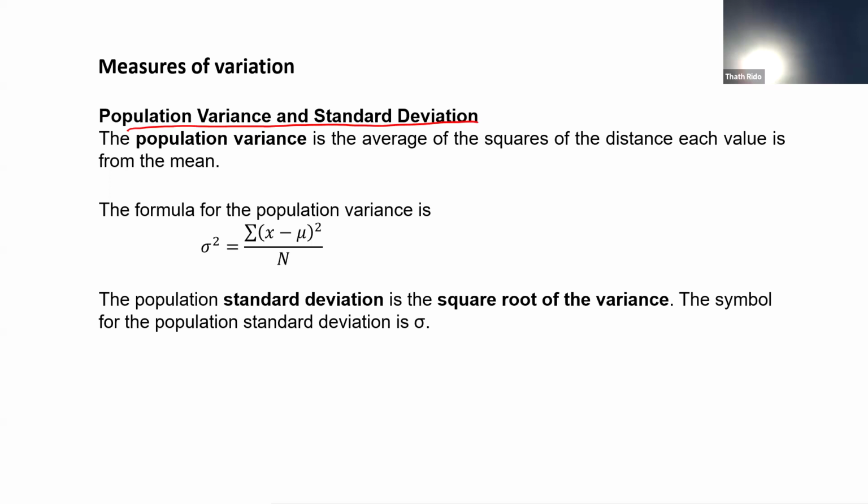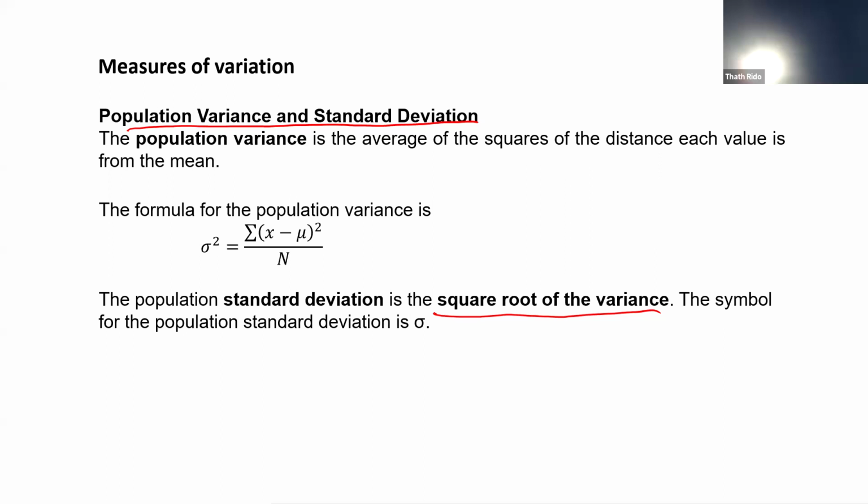If we compute standard deviation manually, we need to get variance first, and then we take the square root of variance. So the square root of variance is standard deviation.